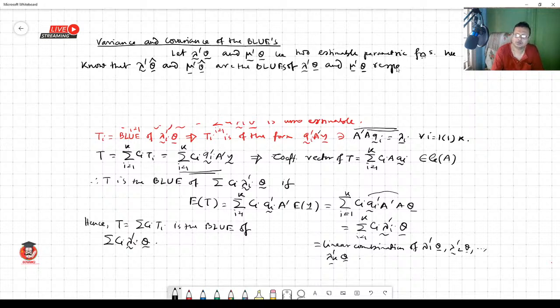This is from the Gauss-Markov theorem. The problem is to find the variance of λ'θ hat and the covariance of λ'θ hat and μ'θ hat.